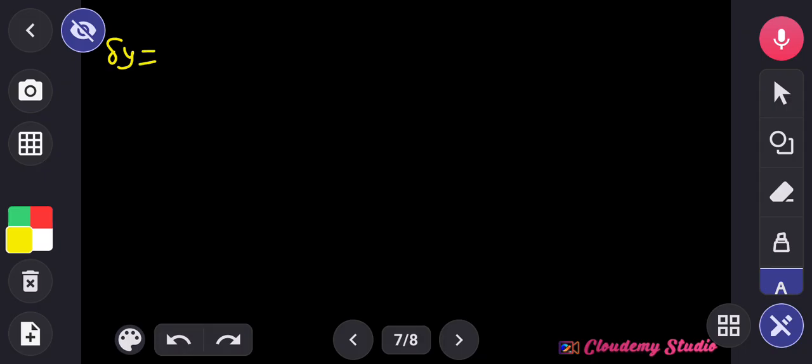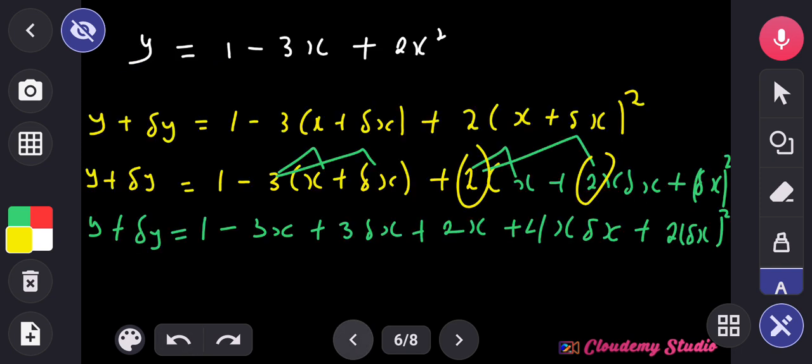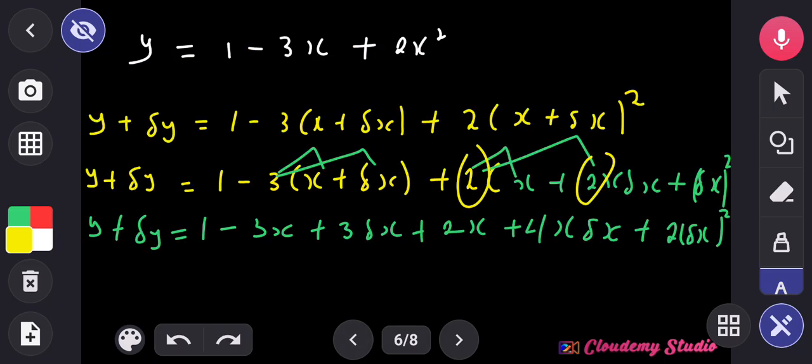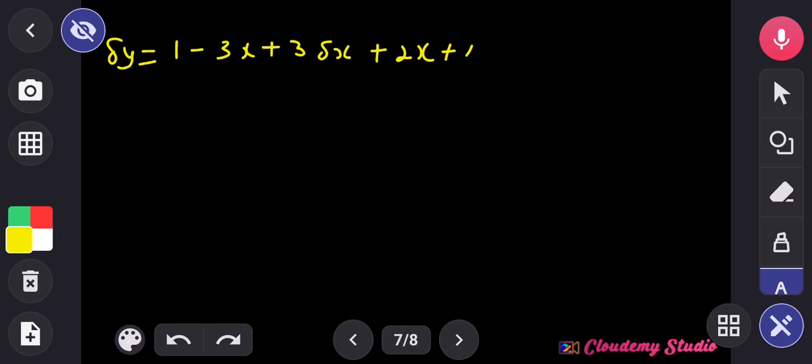So I'm going to have delta y equals 1 minus 3x minus 3 delta x plus 2x squared plus 4x delta x plus 2 delta x squared, then minus y.